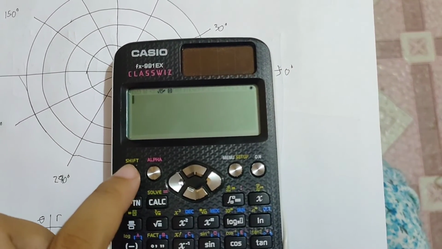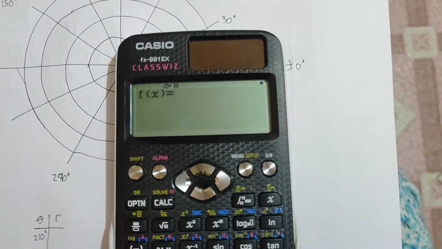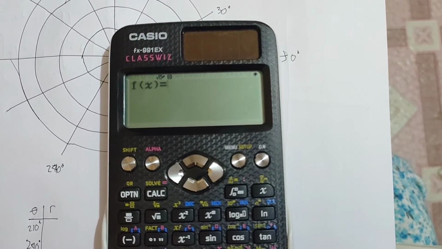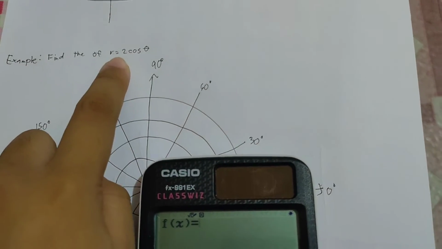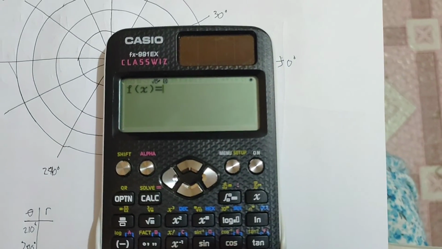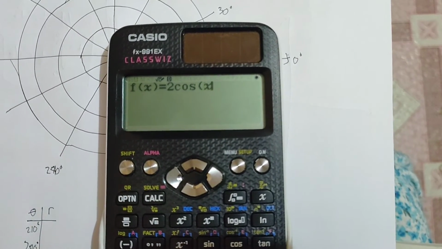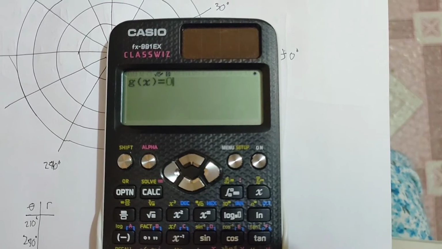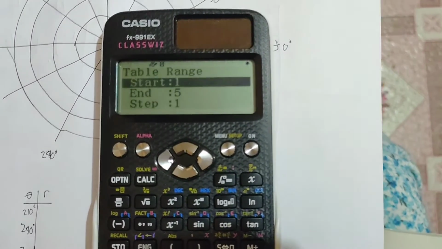First, we will click this and this. We'll set our calculator in table. We'll input this here: 2 cos alpha x equals, should be 0 since we don't need any g of x.